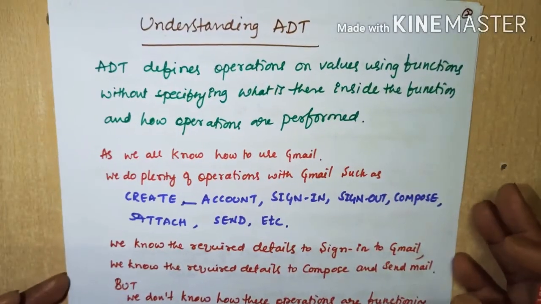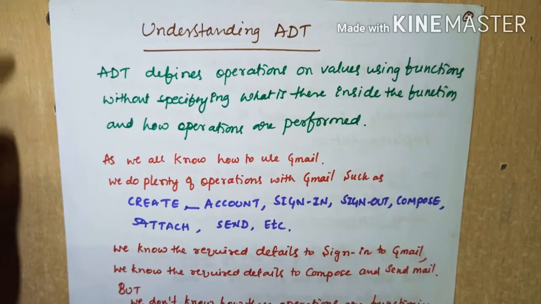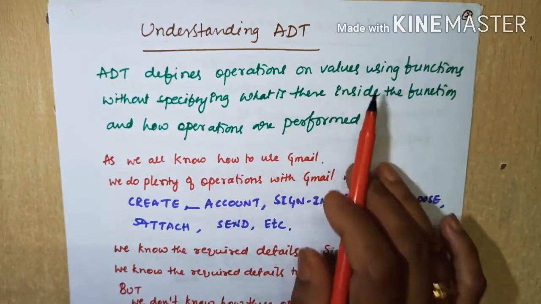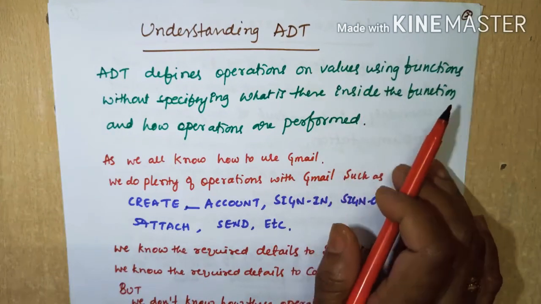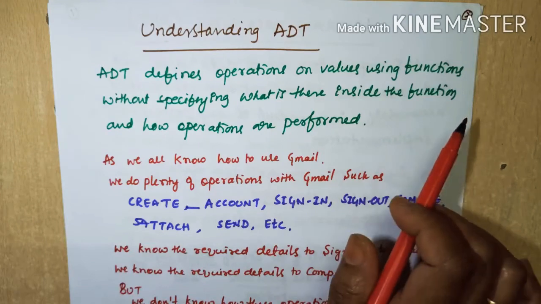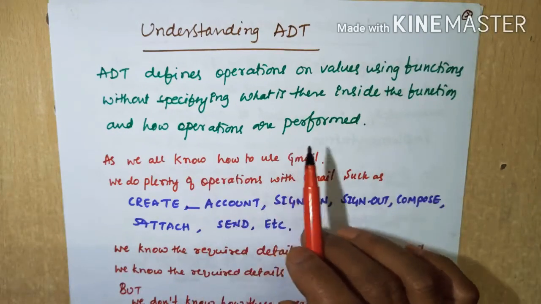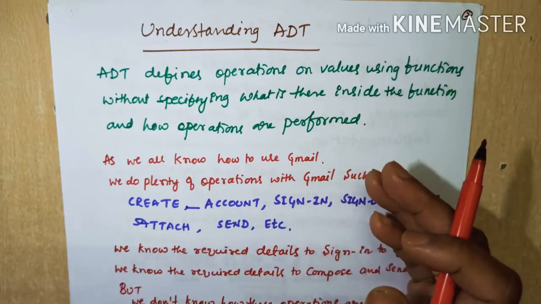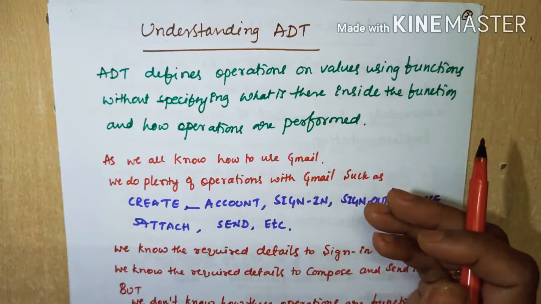Let us understand ADT. ADT defines the set of operations on values using functions without specifying what is inside the function and how operations are performed. Let us understand this definition through an example.